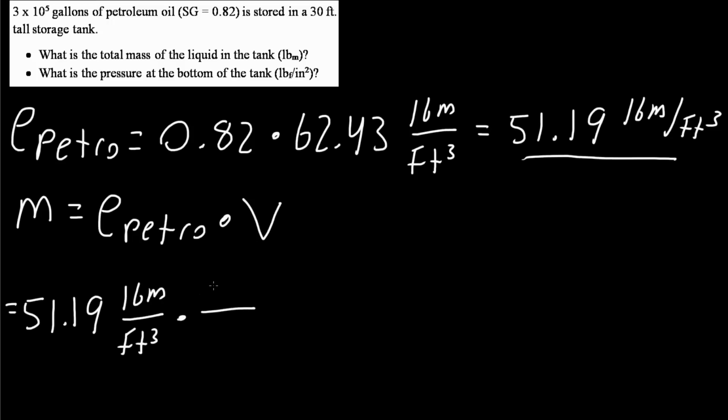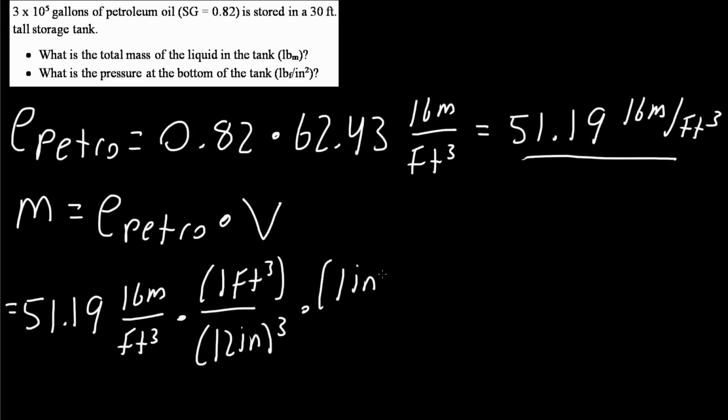We could say that 1 feet cubed is 12 inches cubed, and we know that 1 inch cubed is 2.54 centimeter cubed, and we will do this in centimeters.